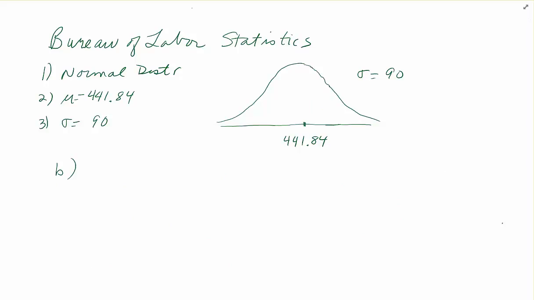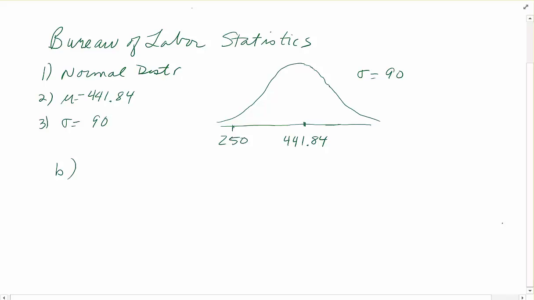Part B says, for a randomly selected production worker, what is the probability the worker earns less than $250 a week. Now let's see, 250 is way out there to the left, the standard deviation being 90. I'm going to put the 250 way down here on the end.